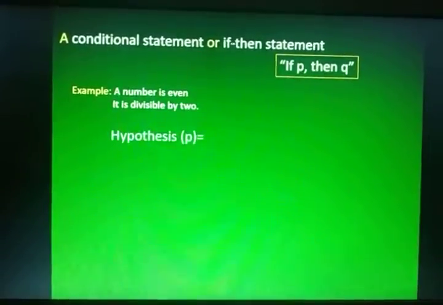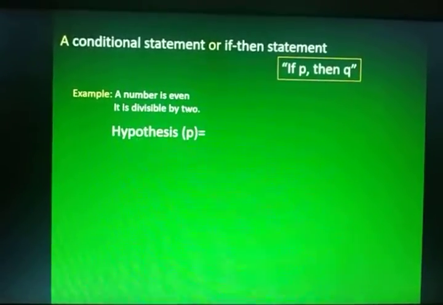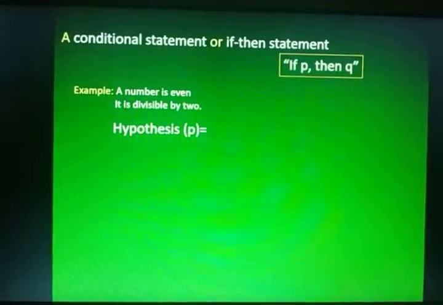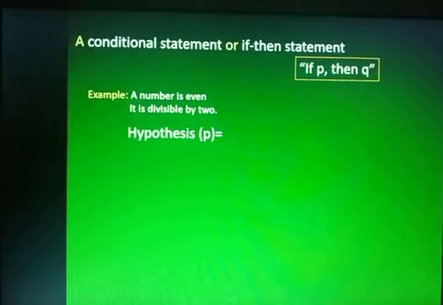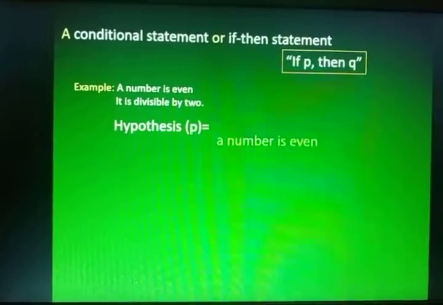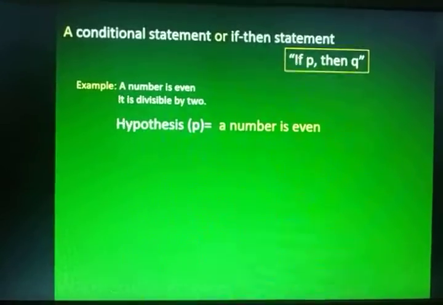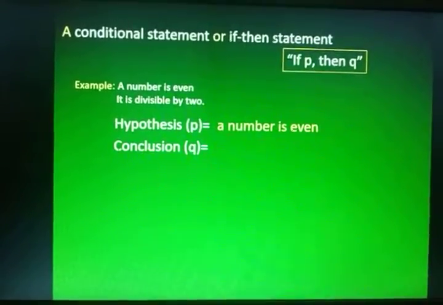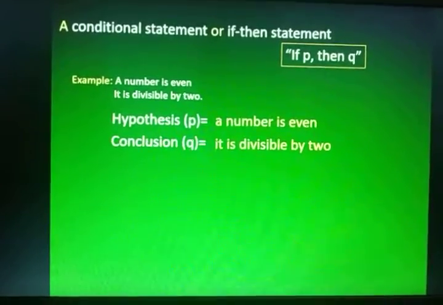And so, we'll make our if-then statement by identifying first the hypothesis represented by the small letter P. Our hypothesis is a number is even. And then our conclusion, represented by small letter Q, it is divisible by 2.